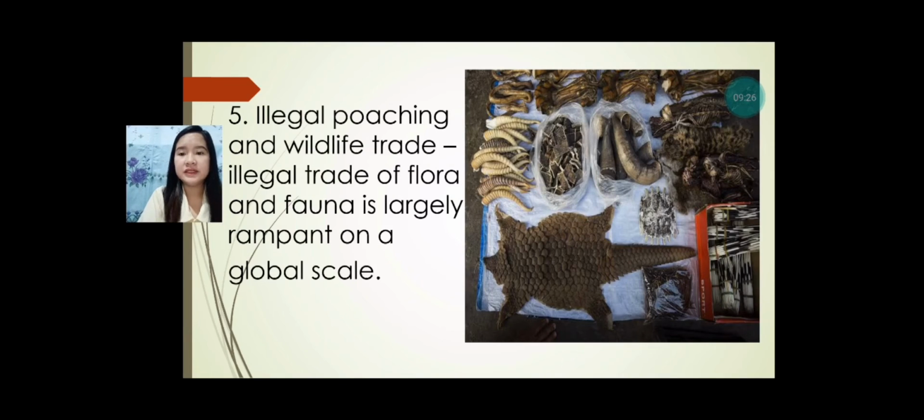Number 5 is illegal poaching and wildlife trade. Illegal trade of flora and fauna is largely rampant on a global scale. This practice contributes not only to the endangerment of some species but also to the extinction of some.